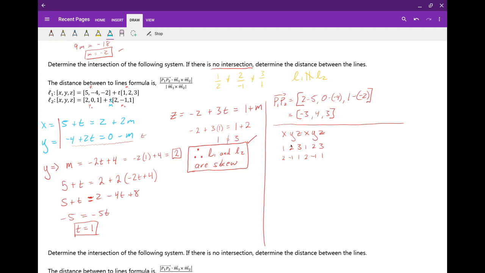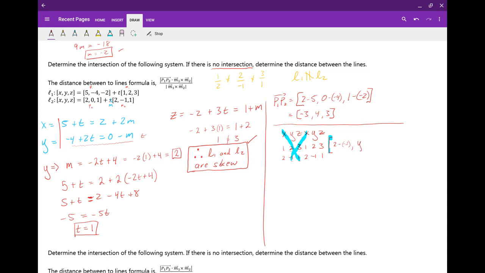So now, in order to get the X component, I take these guys and these guys, right? And so it's basically to get the X component. The X component is 2 times 1, or 2, minus 3 times a negative 1, or a negative 3.